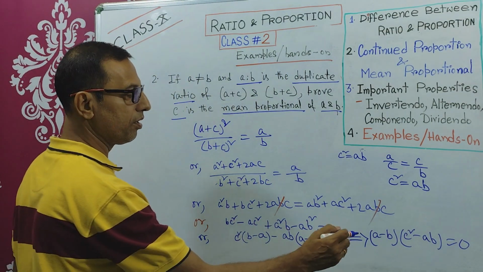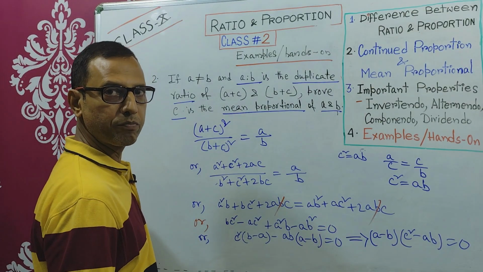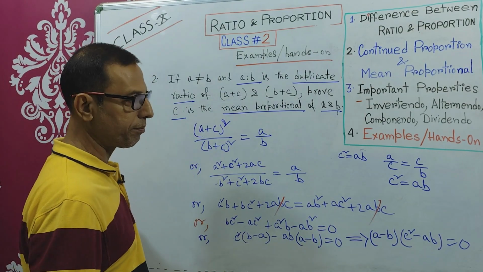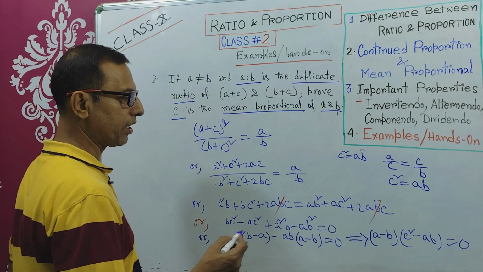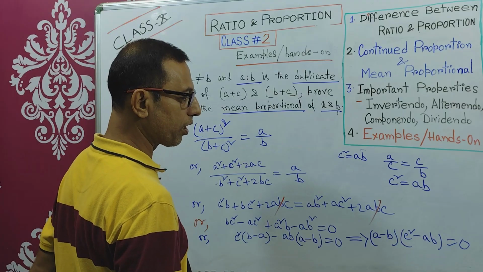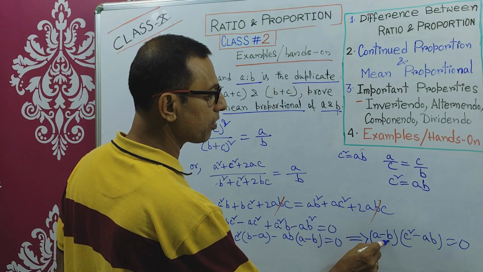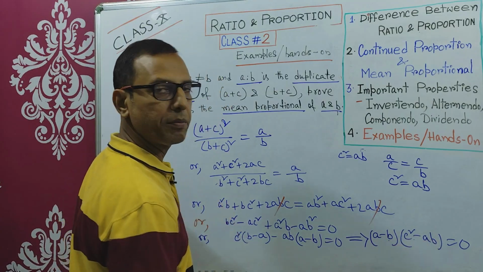Now you remember factorization or the zero product rule in the quadratic equation chapter. You can look into the video I have prepared on my channel. As per the zero product rule, either A minus B equals 0 or C square minus AB equals 0.